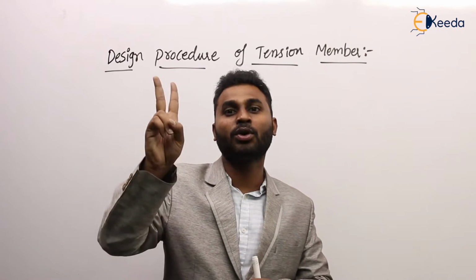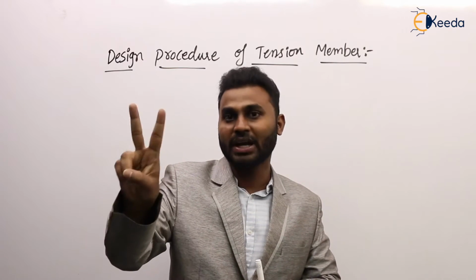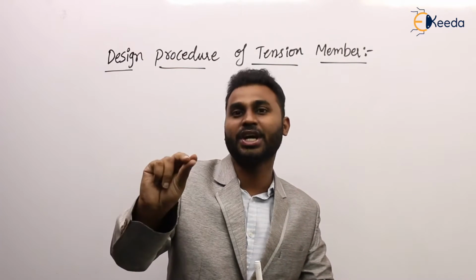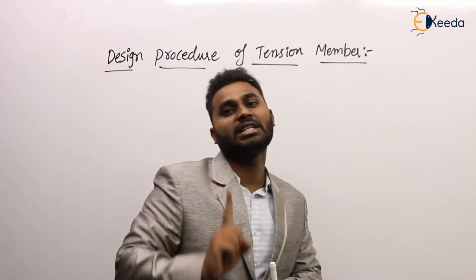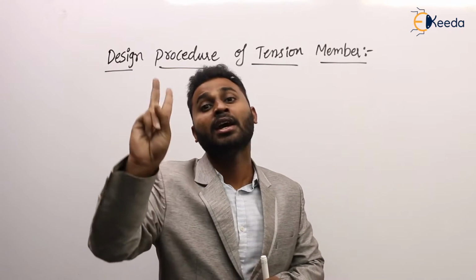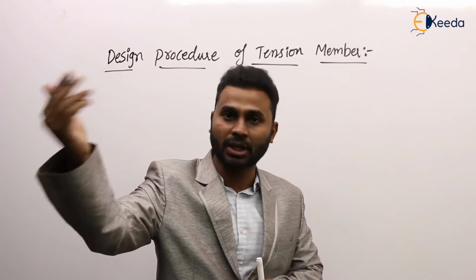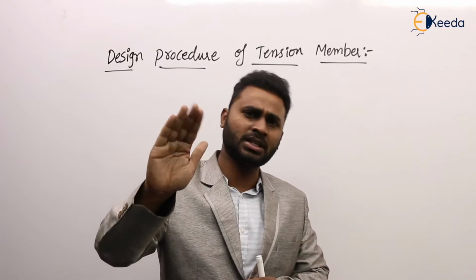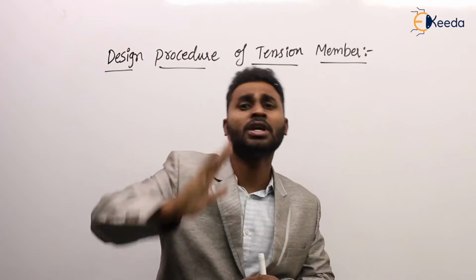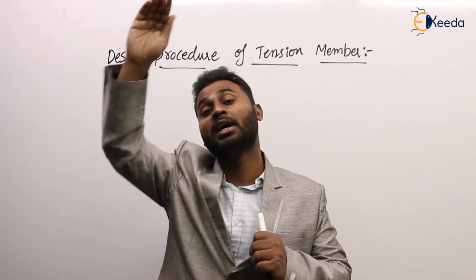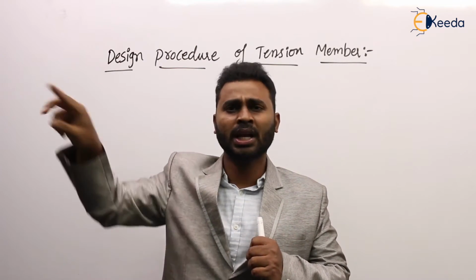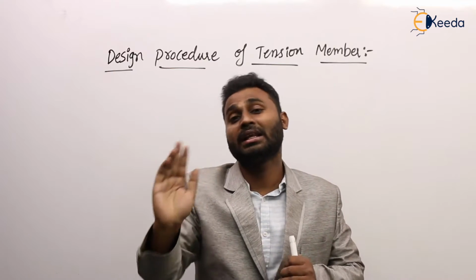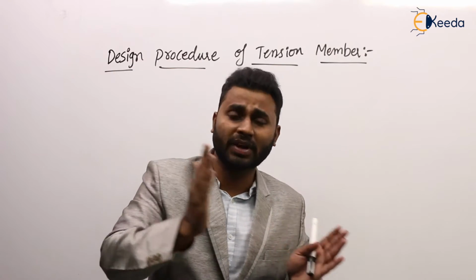So we use truss mainly in two locations: bridge trusses in railways, and roof trusses in industrial buildings and some other locations. Clear? Mainly for industrial buildings, but not only; for high-rise buildings also we use roof trusses to support the roof covering. These are the two main locations, but other than this we use trusses in some other cases also.